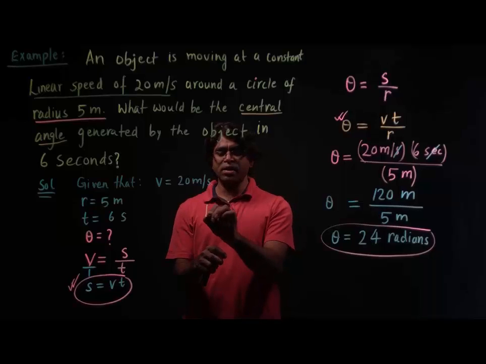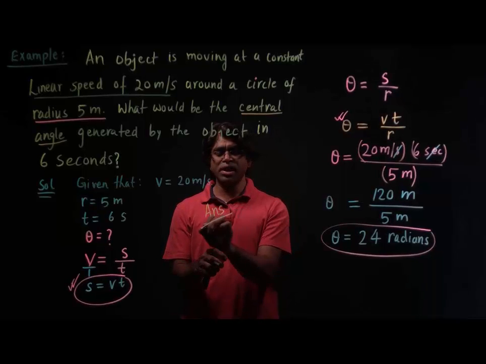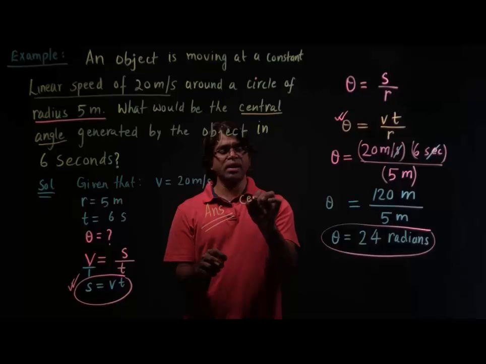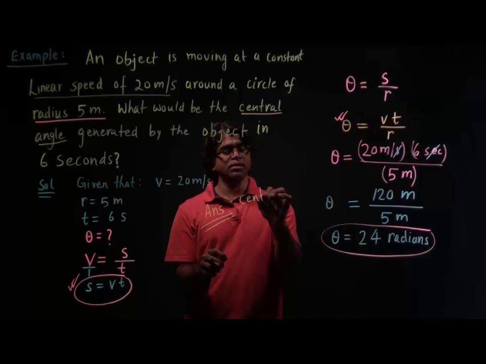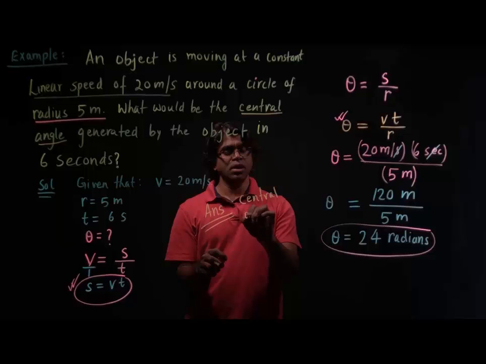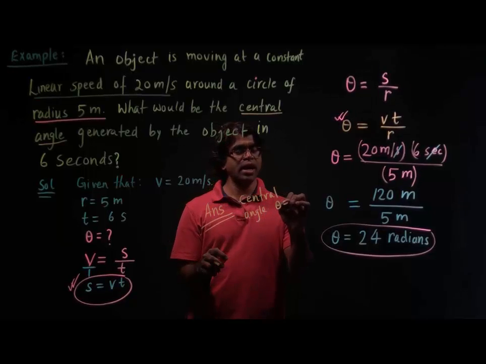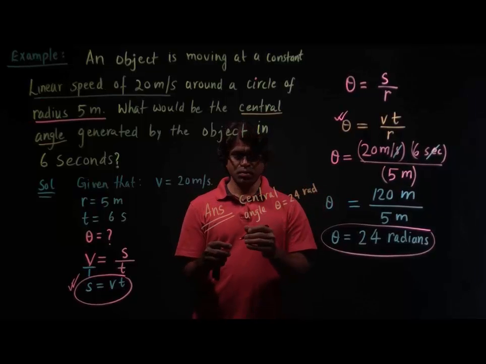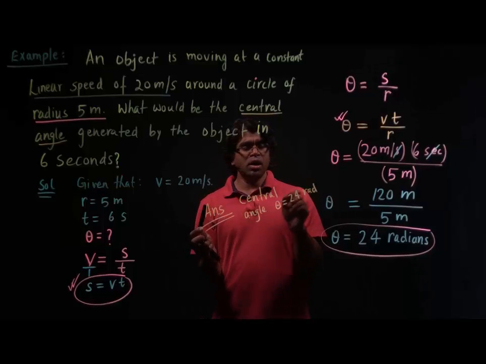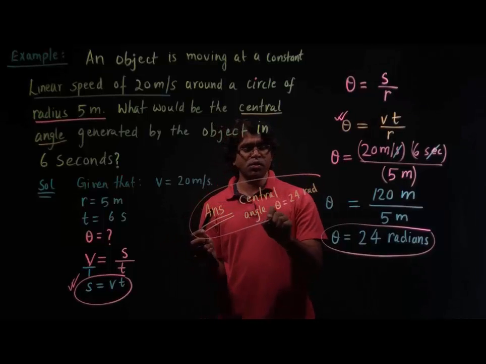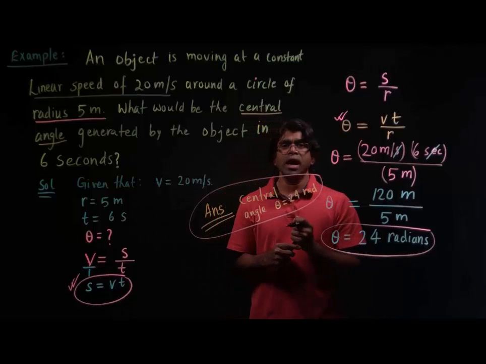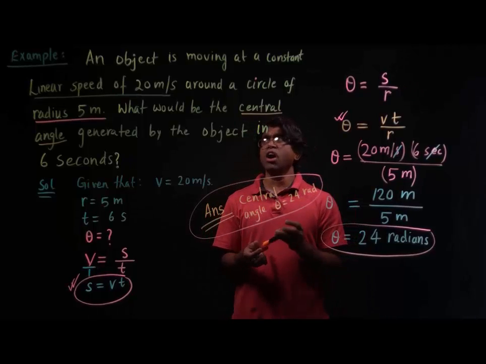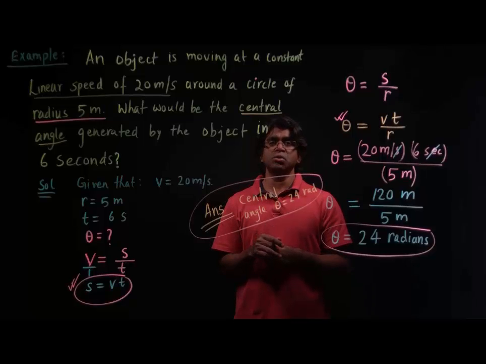So our answer is: our central angle, which is theta, is 24 radians. And this is how we solve questions related to linear and angular speed.